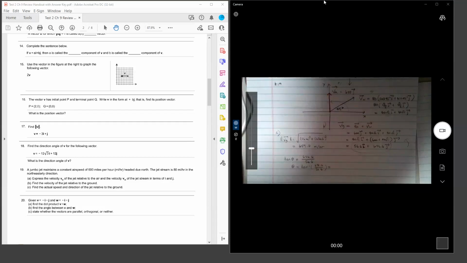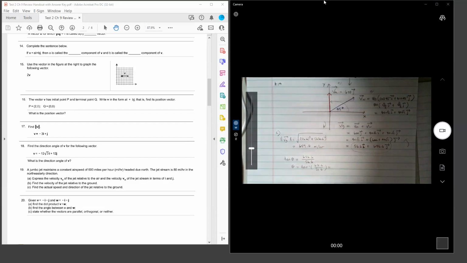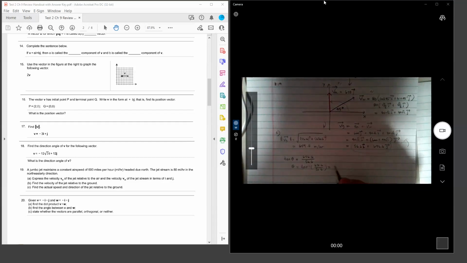Make sure that I'm in degree mode here. So the inverse tangent of 656.6 divided by 56.6, and I get 85.7. I'm going to round it to 85 degrees.